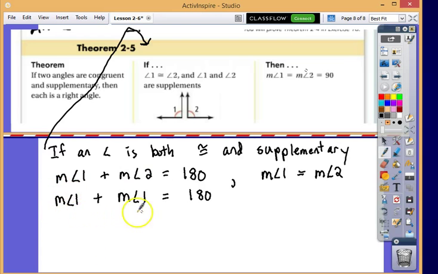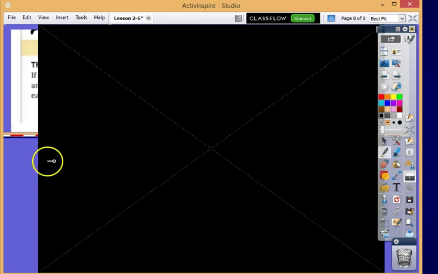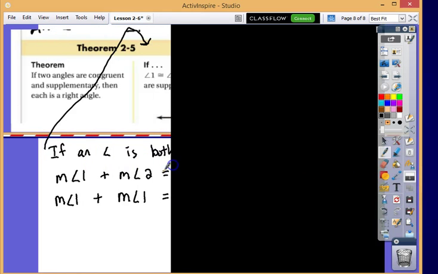And now I'm going to try to add these two angles together. What happens when you add the measure of angle 1 to the measure of angle 1? Let's pretend I can't see this side of the equation right here. Simplify the measure of angle 1 plus the measure of angle 1.